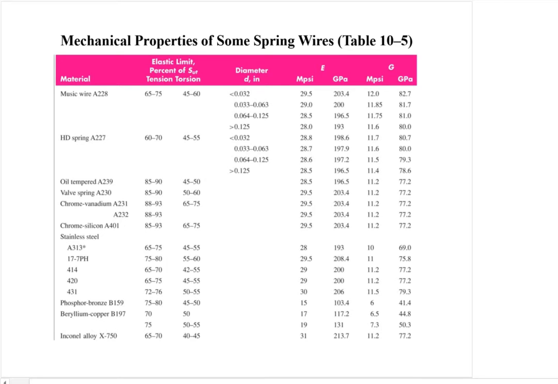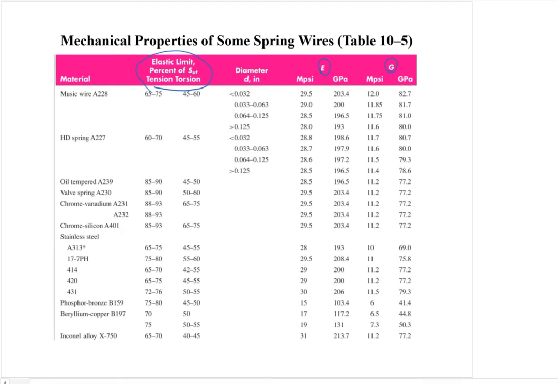Again, table 10.5 is a pretty useful table. It gives you the elastic limit percent, what we were just looking at previously, percent of SUT. Most importantly, they give you E and G, the Young's modulus and shear modulus.